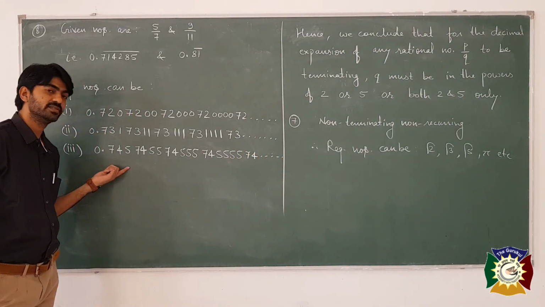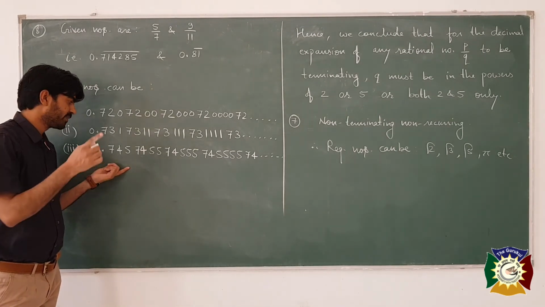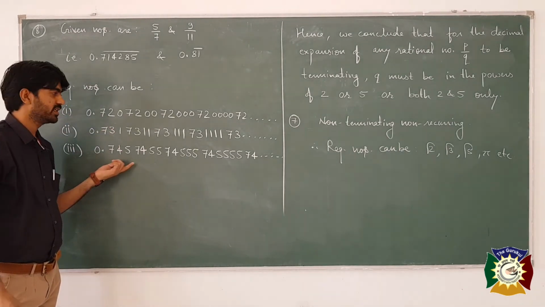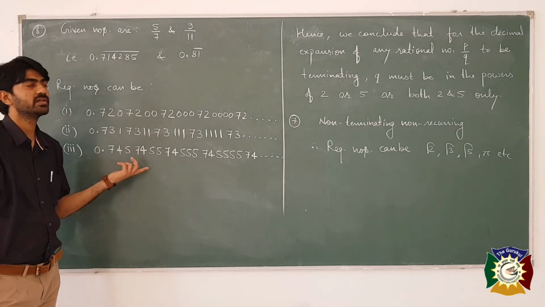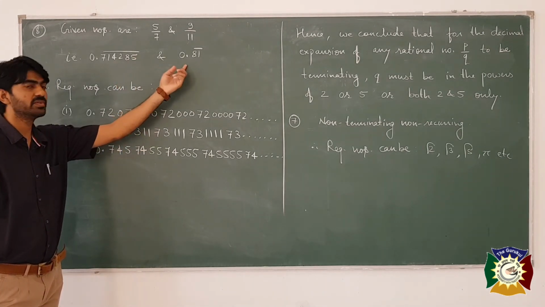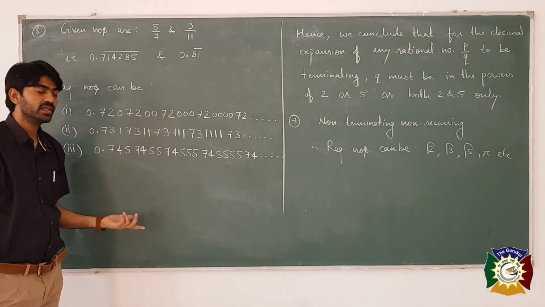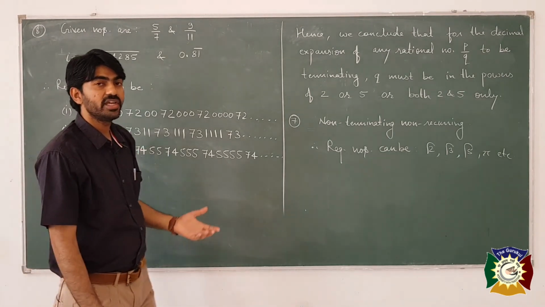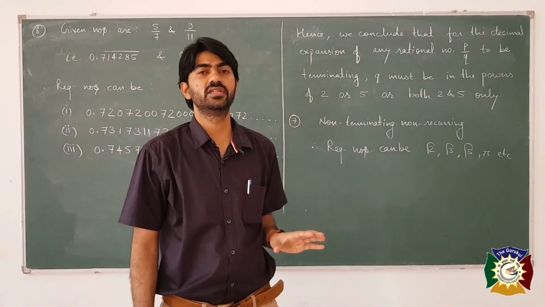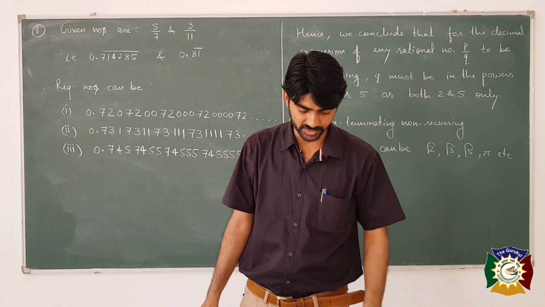Again this number is non-terminating, non-repeating, that is why this number is an irrational number, and this lies between these numbers, therefore this is the required number. So in this way we can find infinite irrational numbers between given two numbers.